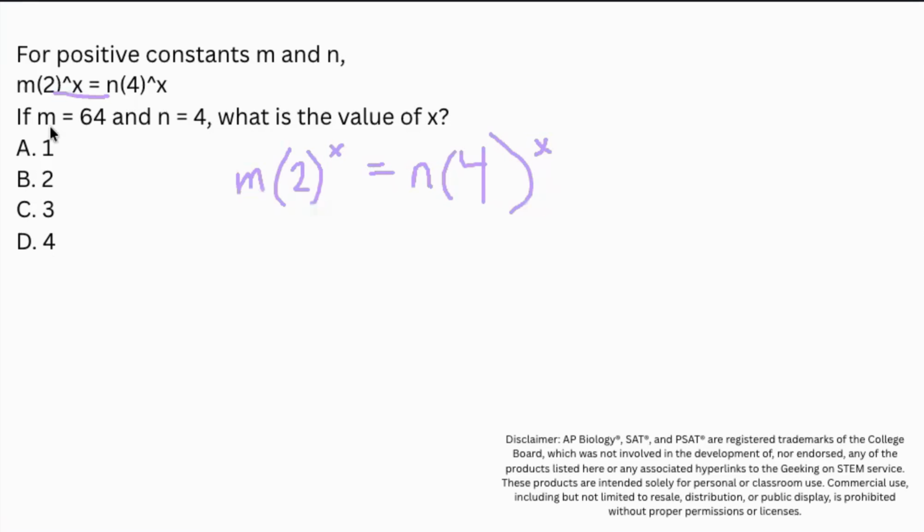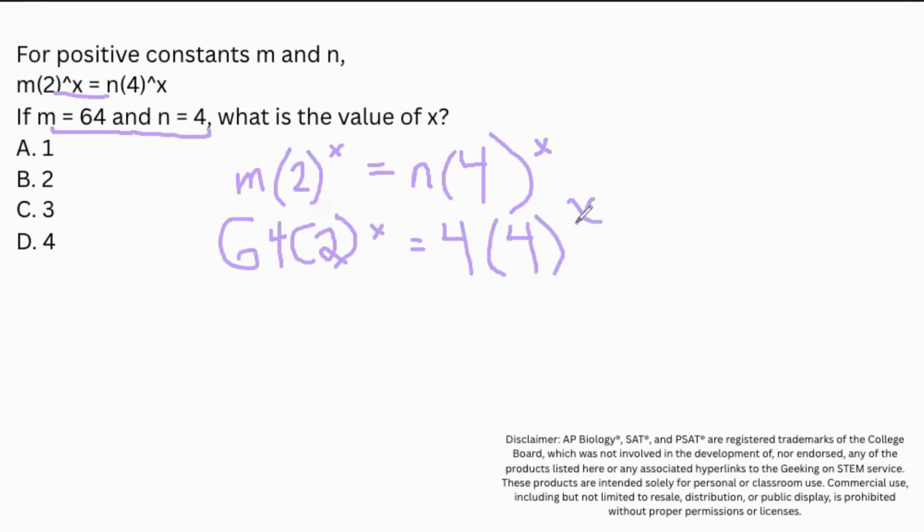Okay, so they say if m equals 64 and n equals 4, what is the value of x? So you're left to figure out the exponent. This is the same thing as 64 to the x power equals, now n is 4, 4 to the x power.